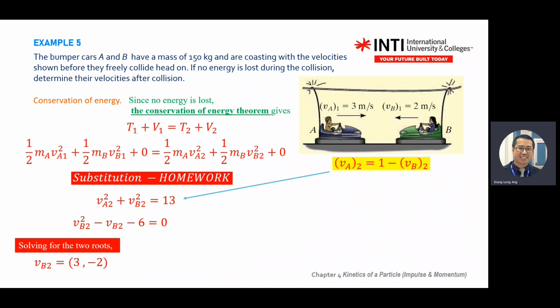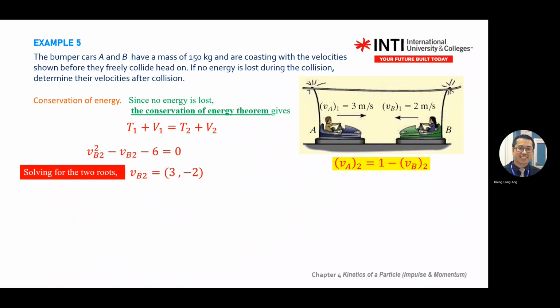So the velocity will go to the right. VB will go to the right, right? In the normal case. So VB goes to the right. Is it positive or negative? Who is your positive? Positive to the right, right?